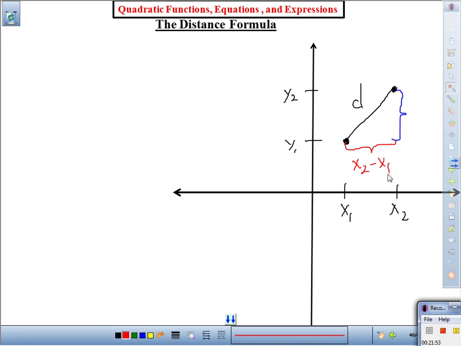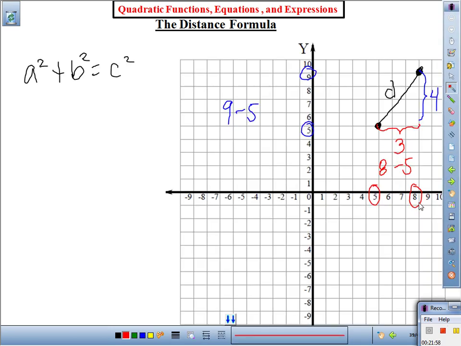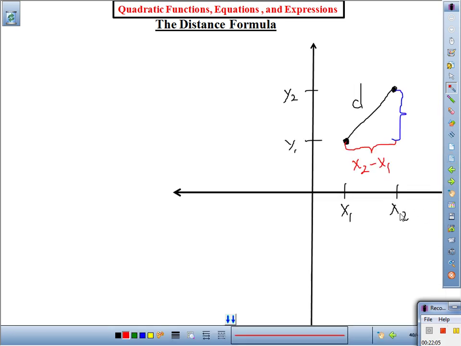X2 minus X1. Let me go back to the previous one. I did what? 8 minus 5. Yes? X2 minus X1. That means here, what do I write? Monse. Y sub 2 minus y sub 1. Now I have my distance.